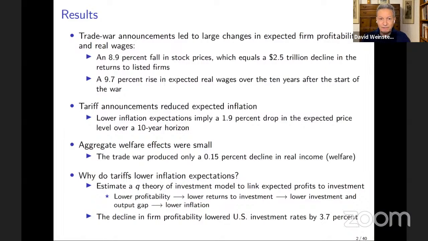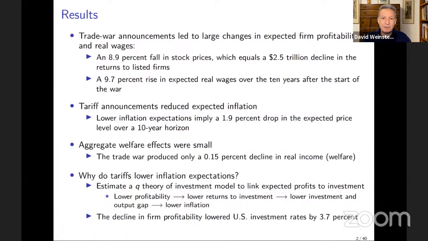Now, in terms of what this did to expected wages, seen through the lens of our model, it's associated with a 10% rise in expected real wages over the 10 years after the start of the war. We also, interestingly, are going to find that tariff announcements reduced expected inflation.